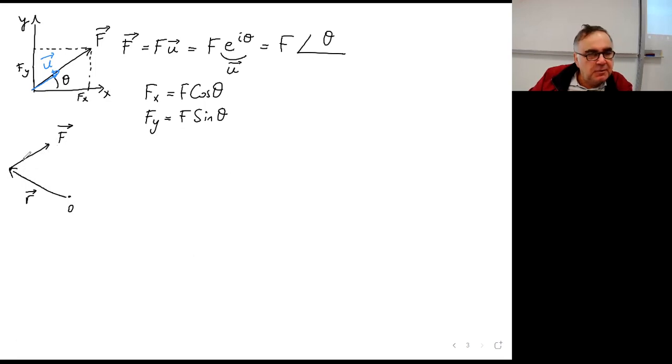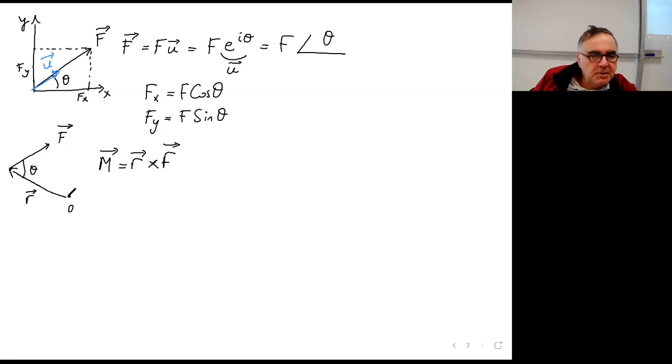It can have an angle of theta in between. The moment of that force about point O is defined as the cross product of R and F.